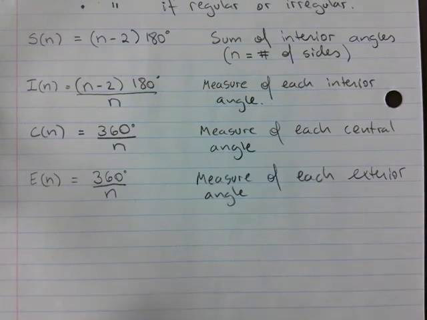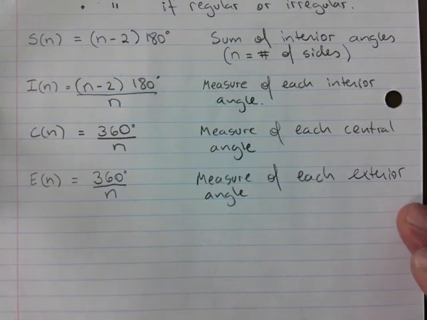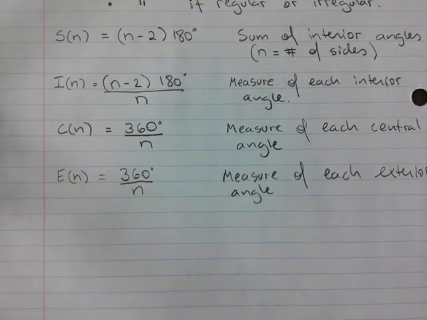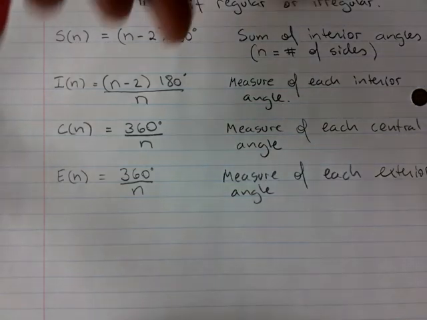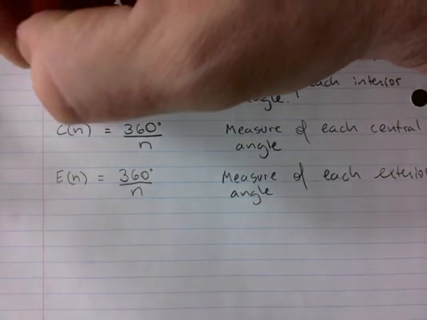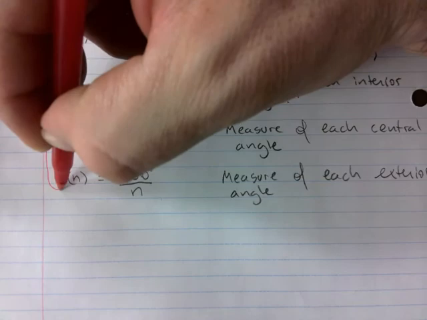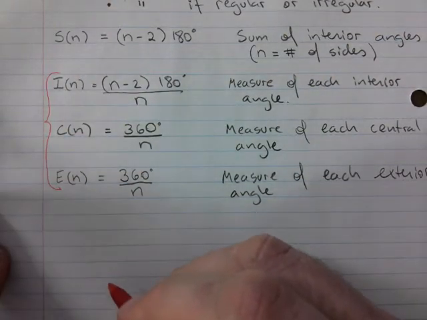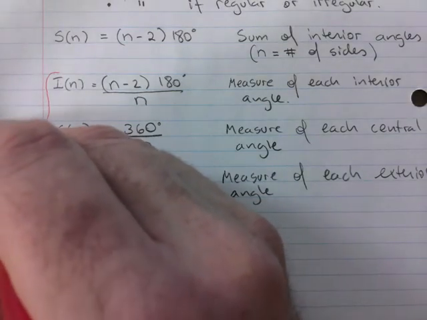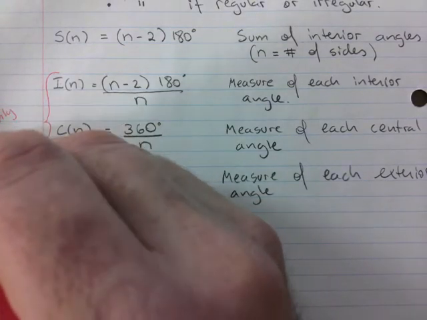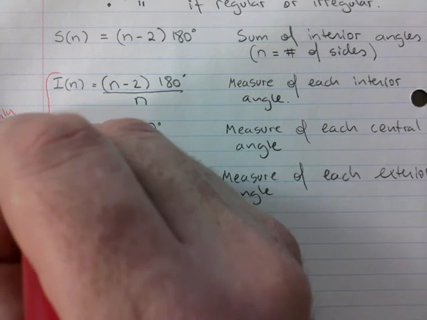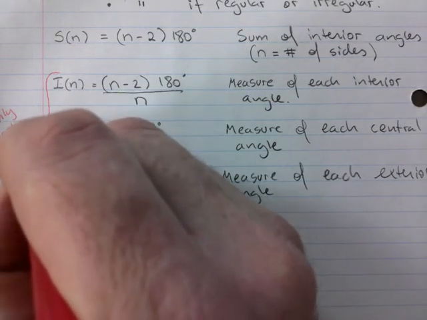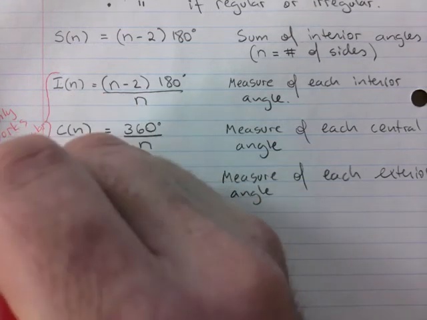And I need to add, I'm going to go off to the side a little bit here and just make sure that I's, you see that? I's, right? It only works with regular polygons.